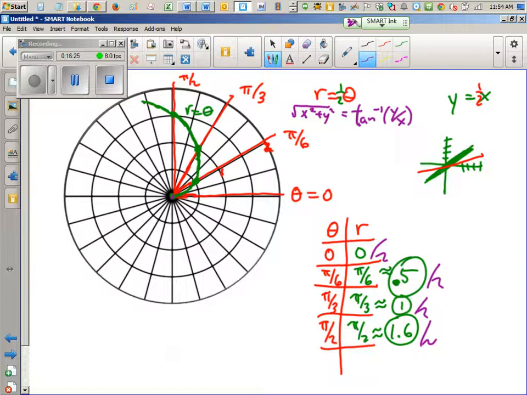But the point that was out at 0.5 is now only at 0.25, you see? And the point that was out at 1 is only out at 0.5, and the point that was at 1.5 is now at 0.75. And basically the whole spiral shrinks. Now, is this a vertical compression or a horizontal compression?